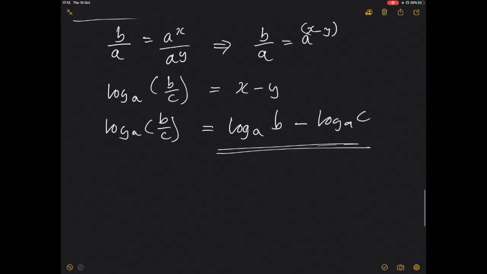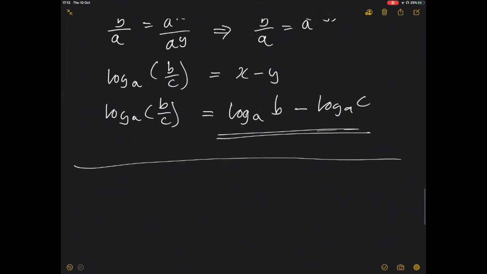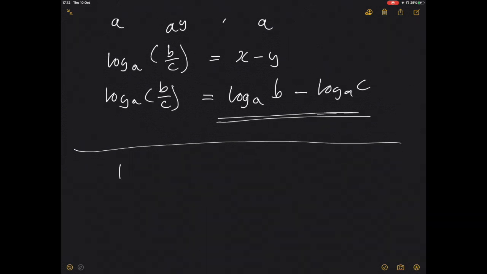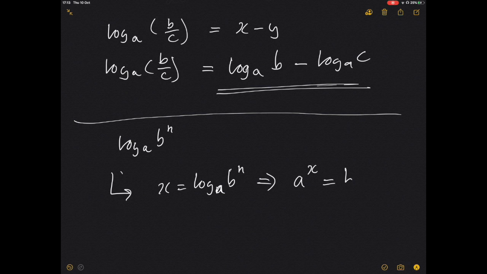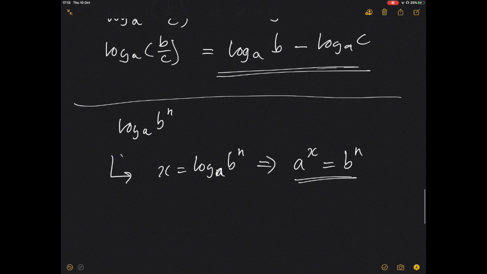Okay, and finally we have our third log law, which shows us how to deal with an expression with a power, b to the n. Say we have x equals log_a(b^n). This would then go to a^x equals b^n, from our similar rules up there.